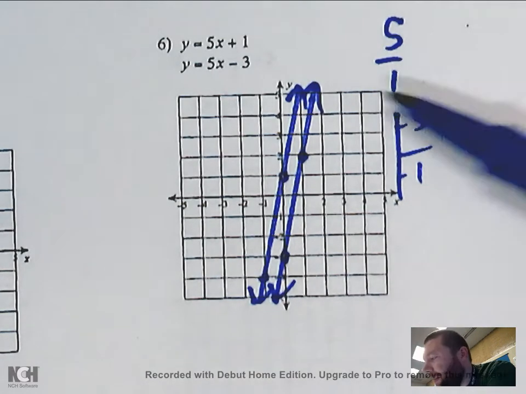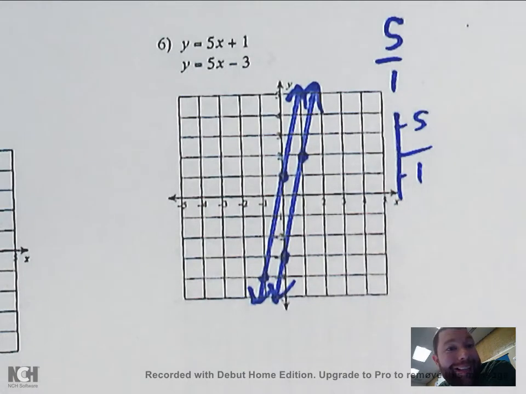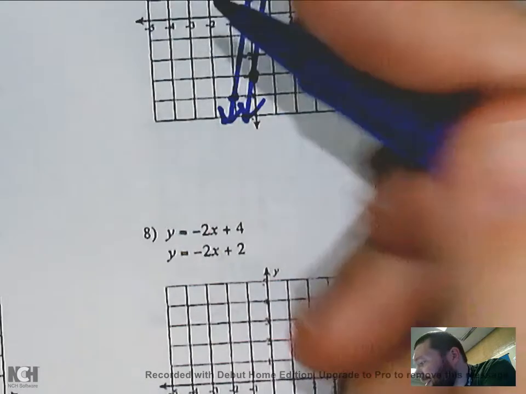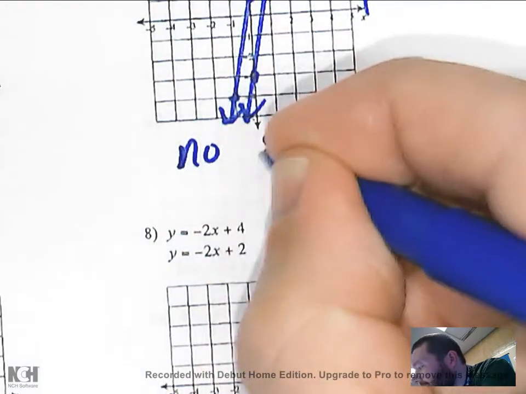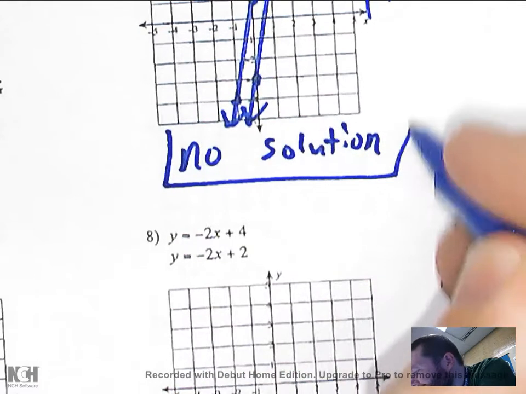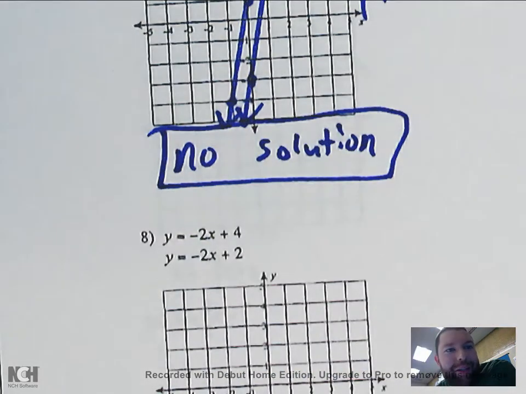Okay? Because if the rate in which it's going up and over is the exact same, then it's going to be a parallel line. Now the problem here is if there's no solution here, right? They never touch. And that's exactly what my solution is, no solution. Because these lines will never touch. Ever. So they will never share the same point, so there is no solution.